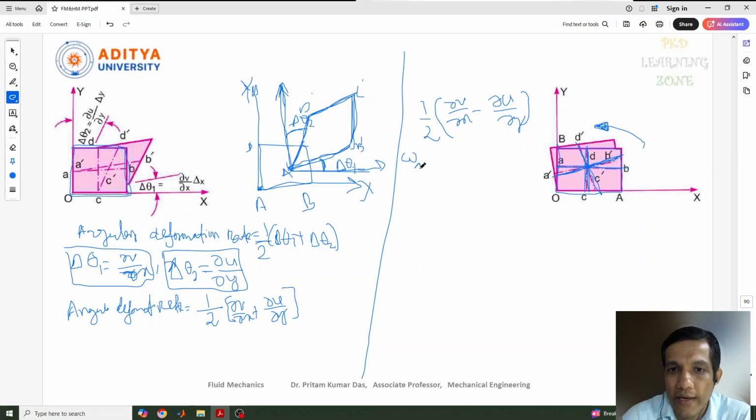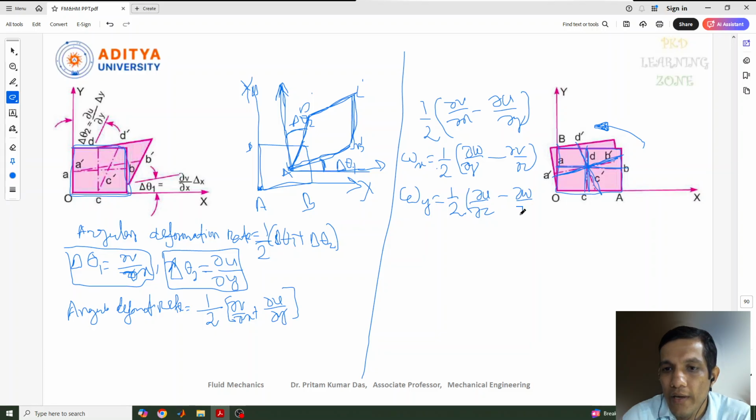The rotational component, suppose omega x, as per the formula we can write 1 by 2 into del W by del Y minus del V by del Z. Similarly omega y is 1 by 2 into del U by del Z minus del W by del X. And omega Z equals 1 by 2 into del V by del X minus del U by del Y. So these are the rotational components in X, Y and Z direction.